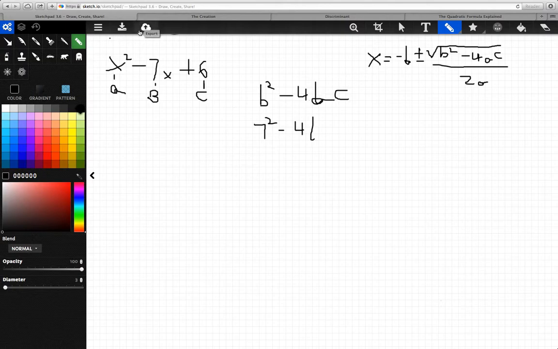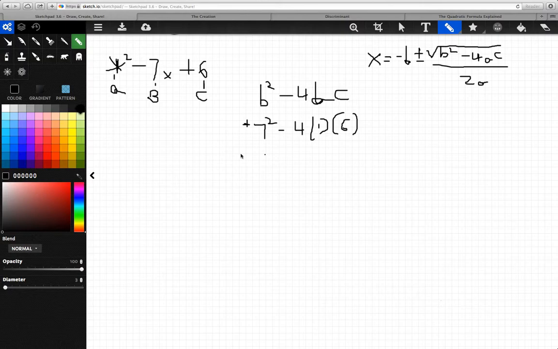For A, that's going to be 1, since x has a value of 1. And for C, it's going to be 6. So you see what I did there? C is 6, A is 1, and B is negative 7. Doesn't really matter with the negative here because we're going to square it anyway. So you just leave it like that.